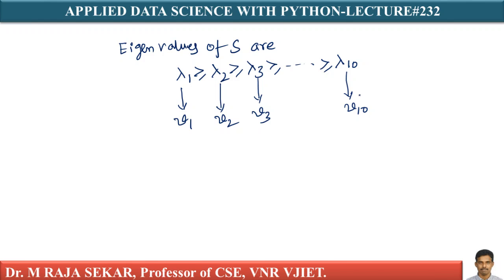For each eigenvalue, I will get an eigenvector, isn't it?